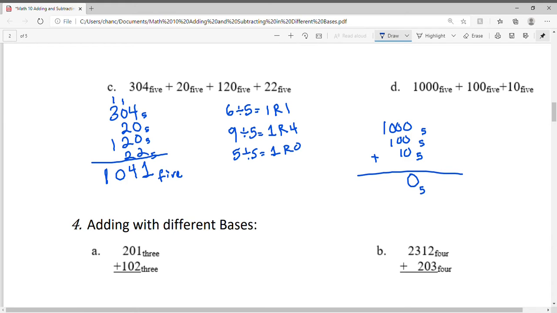We have 0, 0, 1 together, that's just 1. 0 plus 1, that gives me 1. And 1 plus 0, 0, that's still going to give us 1. So this one wasn't too bad. Part D, 1000 base 5 plus 100 base 5 plus 10 base 5 is 1110 base 5.